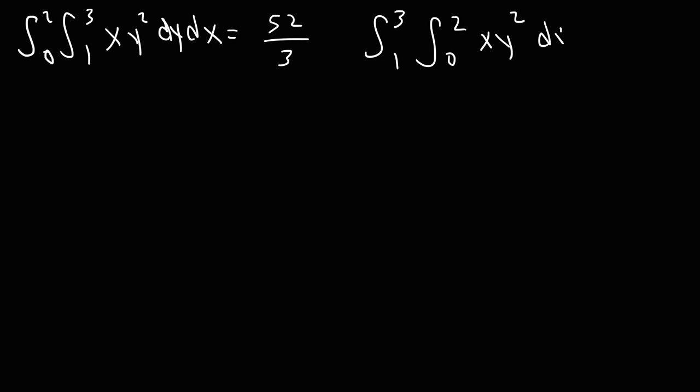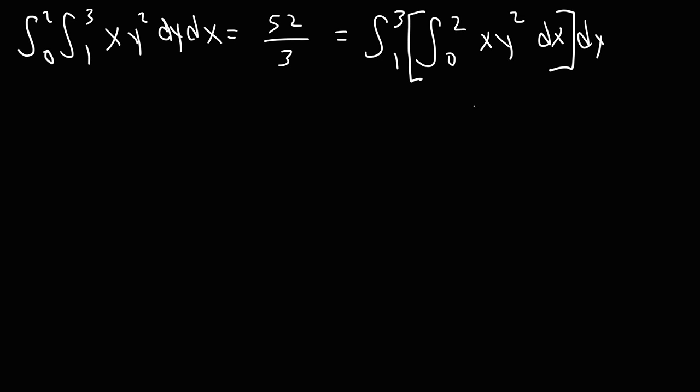It turns out that the value of these two integrals are the same. Now keep in mind, the numbers 1 and 3 correspond to y. So if you put the integral with the 1 and 3 on the outside part of this expression, dy has to be on the outside part as well. So that's just one thing to keep track of.